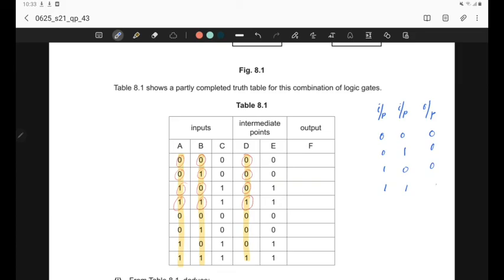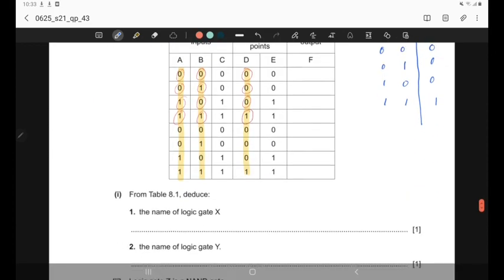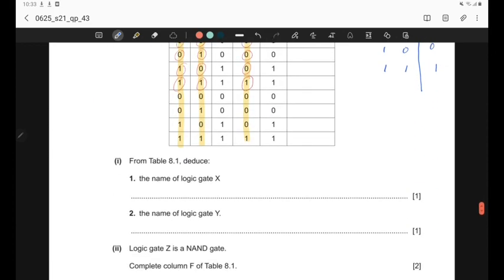We are getting the output like this. So this is the truth table of an AND gate. So X must be an AND gate. Therefore we can write the name of the logic gate X is an AND gate.